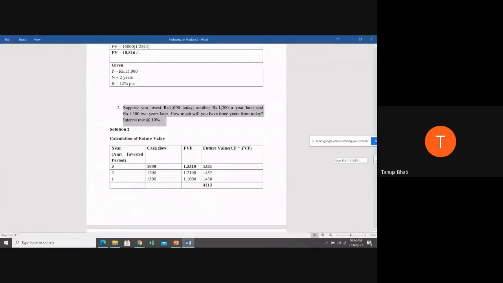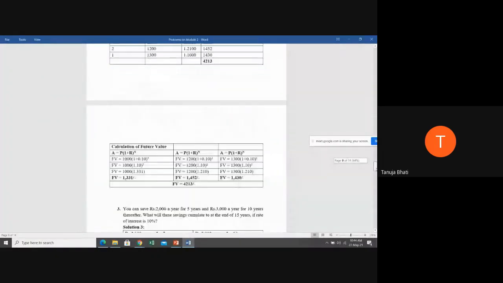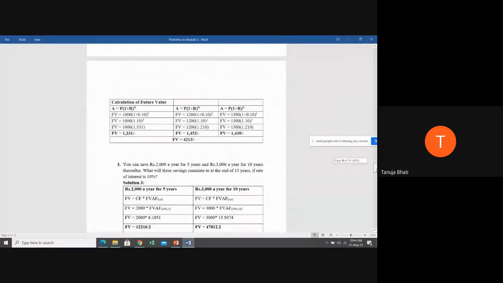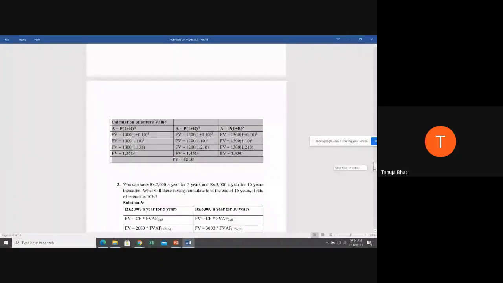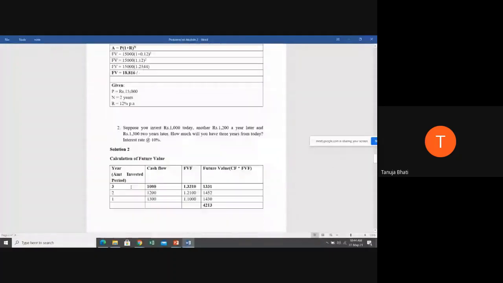Either you can solve it with this method or this method, but this method is a little troublesome in the sense that if the investment amount and the number of years for which it is invested is given for more years. Like suppose now only 3 unequal cash flows are there, but suppose they give you 10 unequal cash flows, it will become very tough for you all to solve with this particular formula.